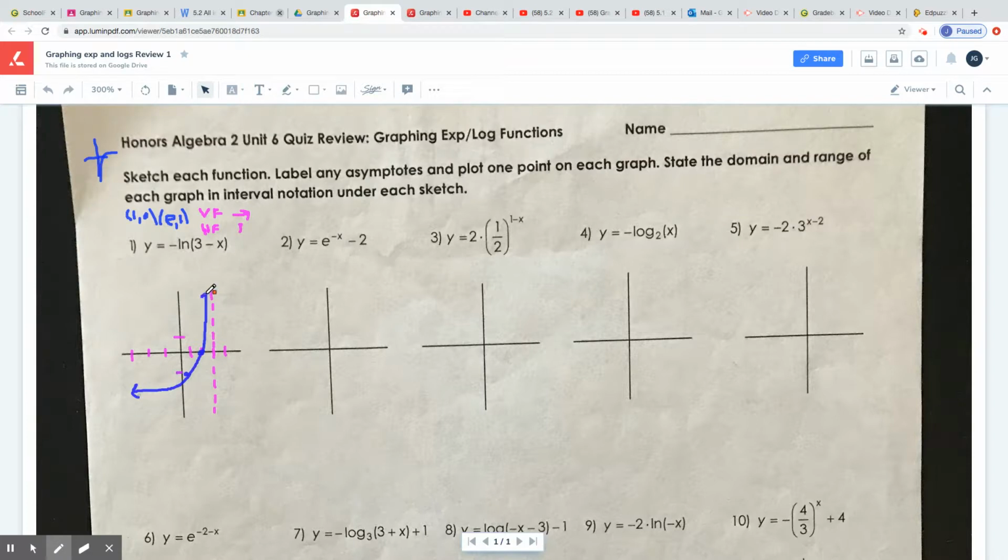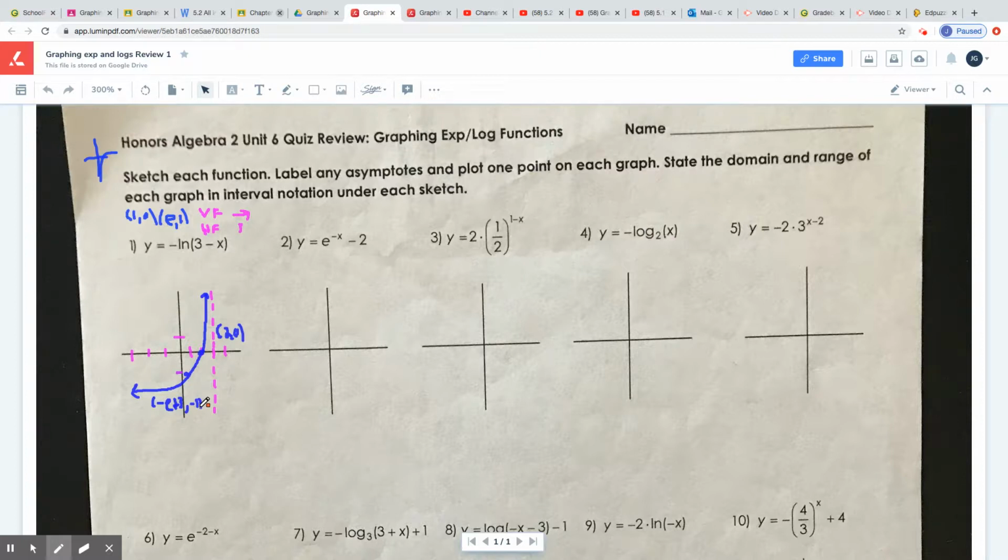So I have a point of 2, 0. And for this one, what did I do to the x coordinate? I changed the sign of it, which is negative e, then I added 3 to it. So it's negative e plus 3, and then negative 1. Those are my 2 points.